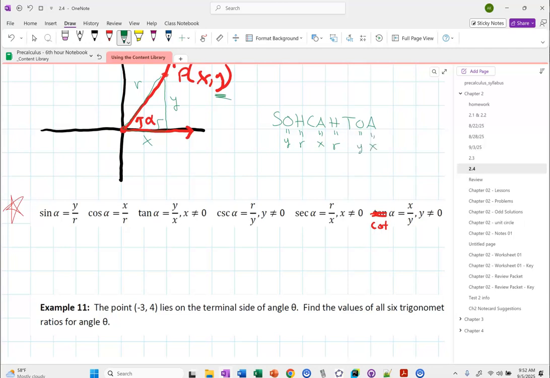That's all it is. It's the same thing as SOHCAHTOA. Opposite means Y, adjacent means X, hypotenuse means R, but it's the same thing. So you already know these formulas. All you need is this little key to translate opposite, adjacent, and hypotenuse into x, y, and r.